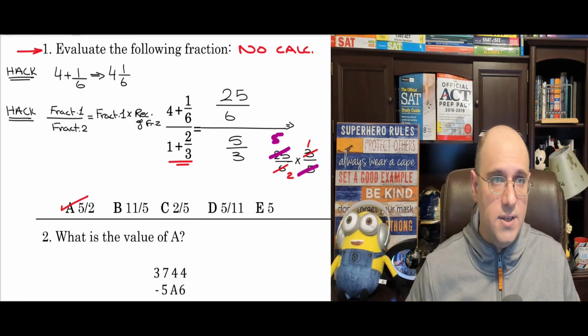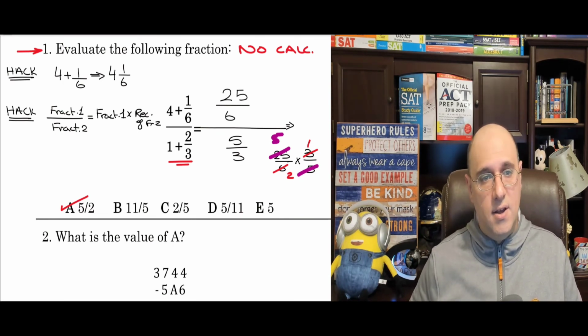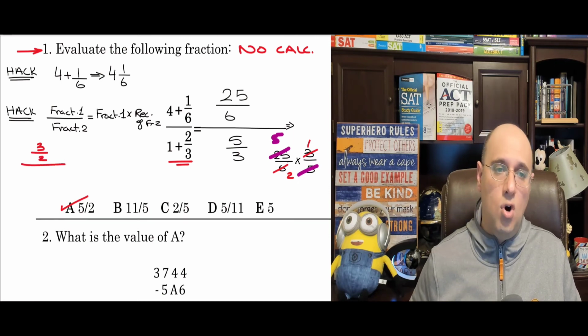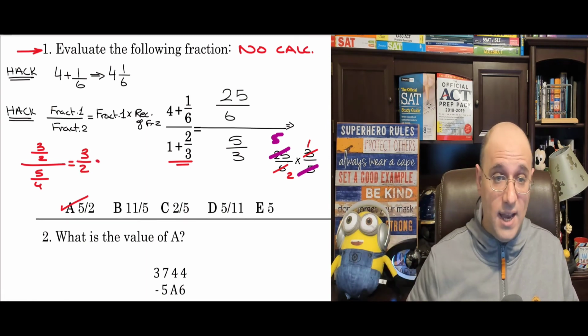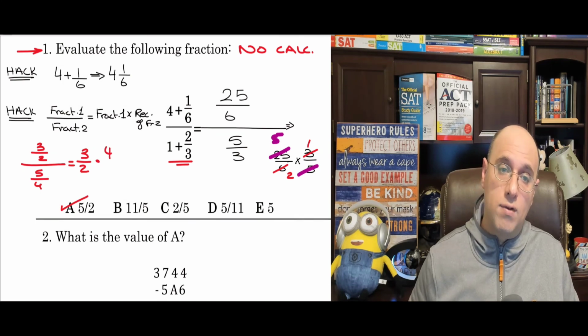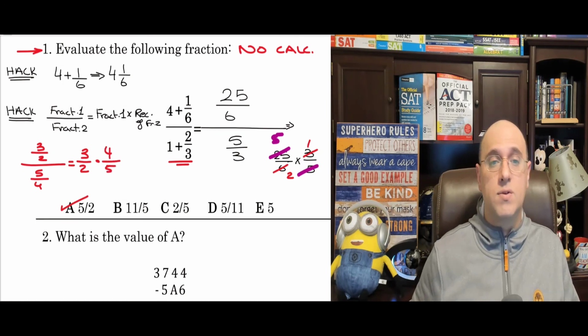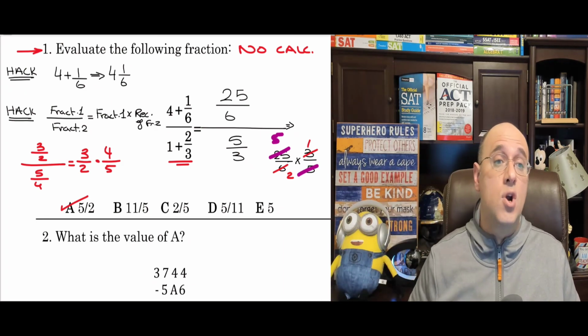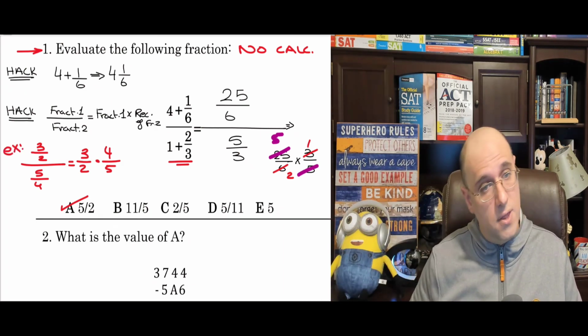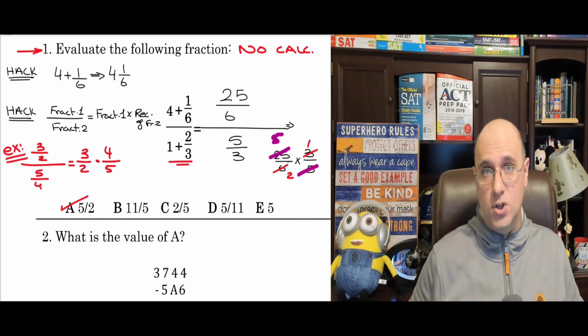Example, just in case, if I say 3 over 2 over 5 over 4, that's the same as saying 3 over 2 times, remember times we can put a dot or an X, 4 over 5. Instead of 5 over 4, it becomes 4 over 5. Okay? Then you can just simplify and find the answer right away. This is an example. These numbers have nothing to do with question number 1.